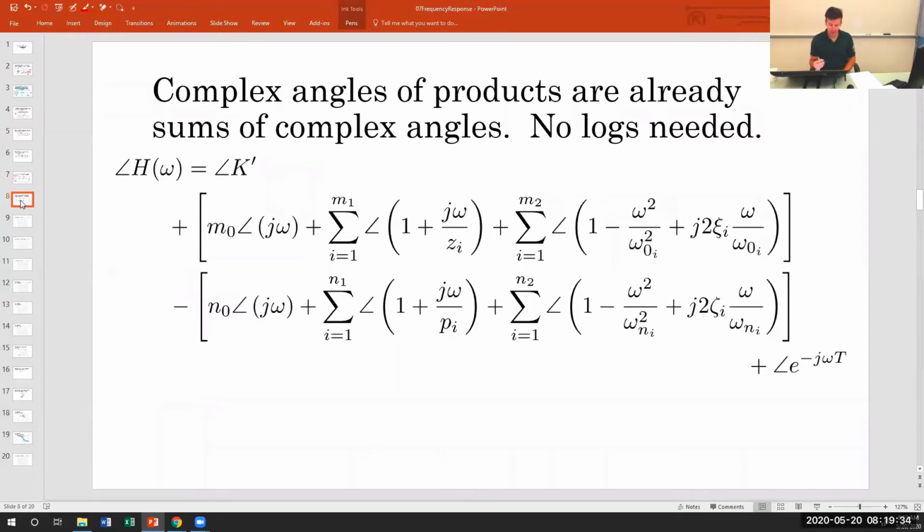If you want the complex angle of a product, you don't have to resort to logs or any kind of trickery because the phase angle of a product is already the sum of the constituent phase angles. So there's no need to resort to funny business. So the phase of the left is the phase of the top, this and this, minus the phase of the bottom, plus the phase of the delay term. Okay.